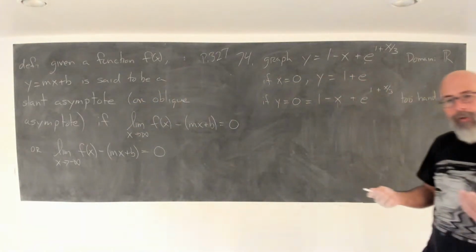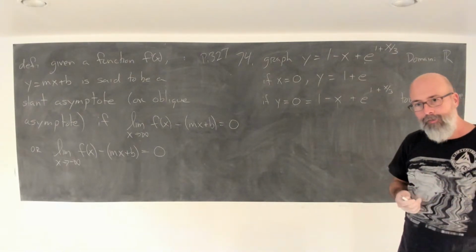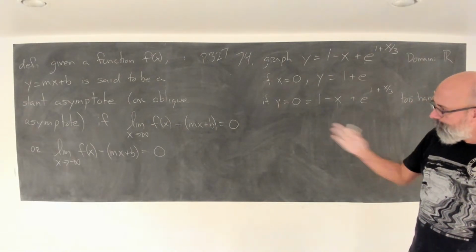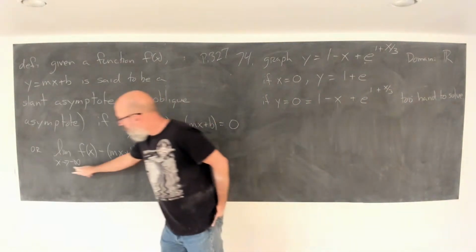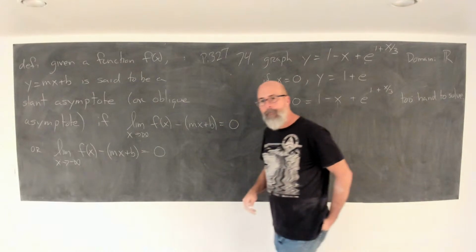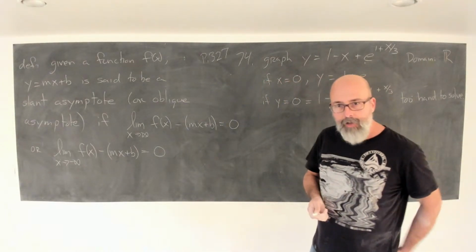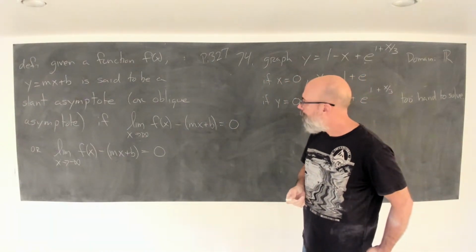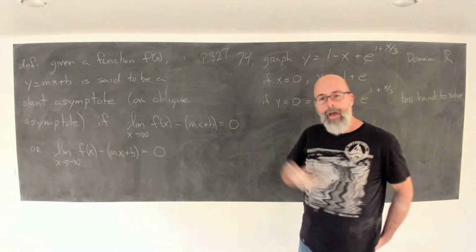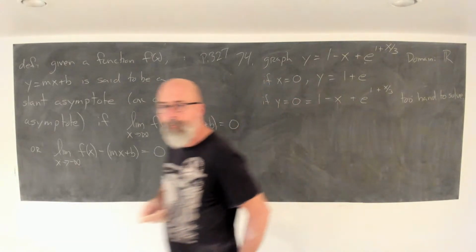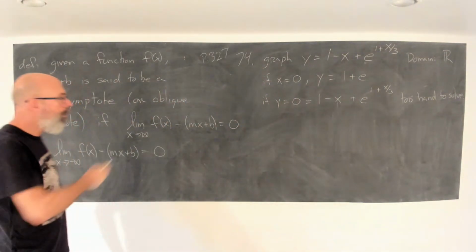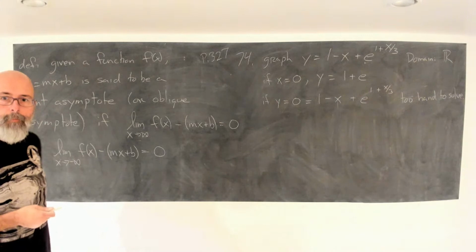So if your function goes to infinity as x goes to infinity, or as x goes to negative infinity, then you should ask yourself the question, do I have a slant asymptote? And we'll discuss that with this example.